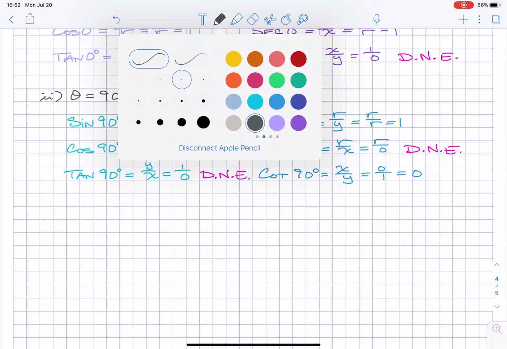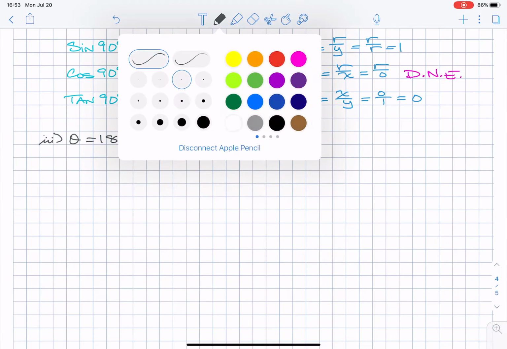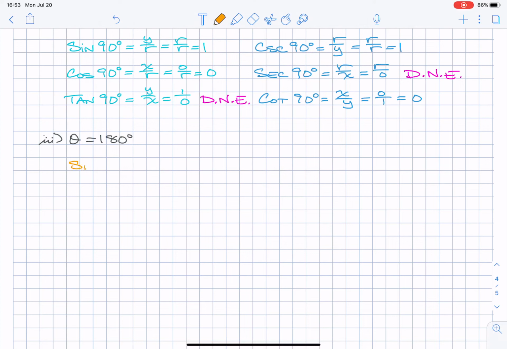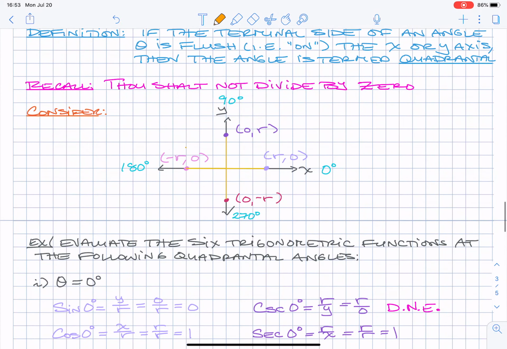Okay, next one is 180 degrees. So let's look at theta equal to 180 degrees. So sine of 180 degrees is going to be y over r. So let's look at 180.